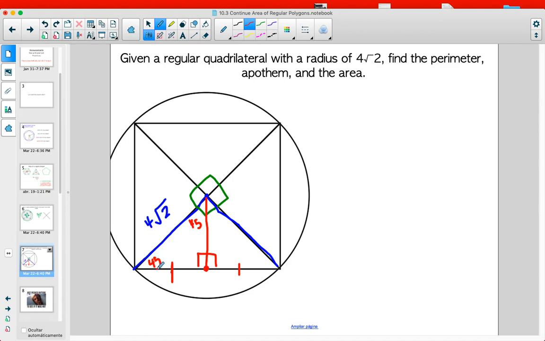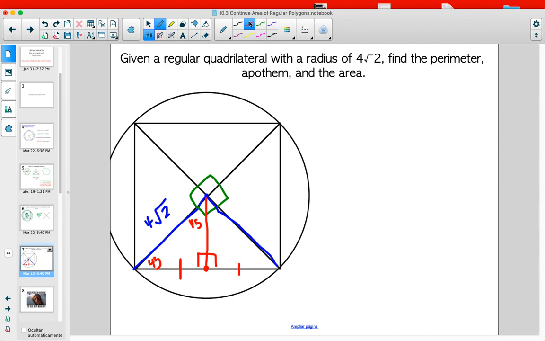Or in other words, we have a 45, 45, 90 triangle. So that's going to help us find the apothem. And then that's also going to help us find this part of the triangle, which will then help us find the whole side. Okay, so let's go ahead and continue.